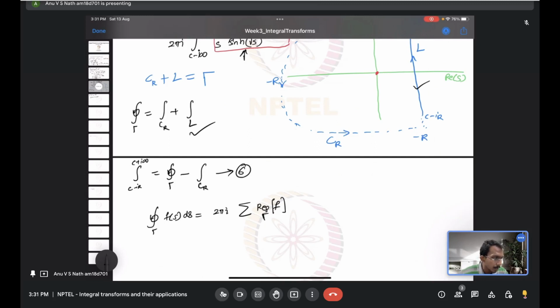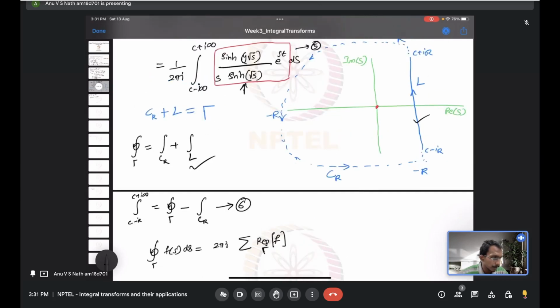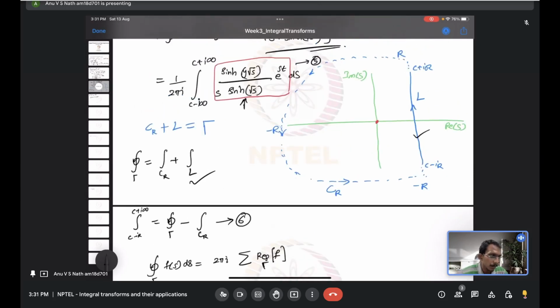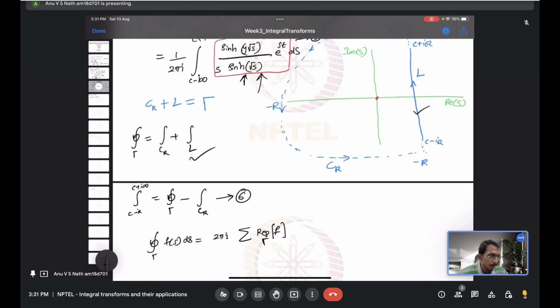Okay, so here we have the function f to be what is inside this red box. So we need to find the singular points of that particular function, then only we can evaluate its residues. Once we find the residues, we will take the sum of all the residues, then multiply with 2 pi I, we will get this contour integral.